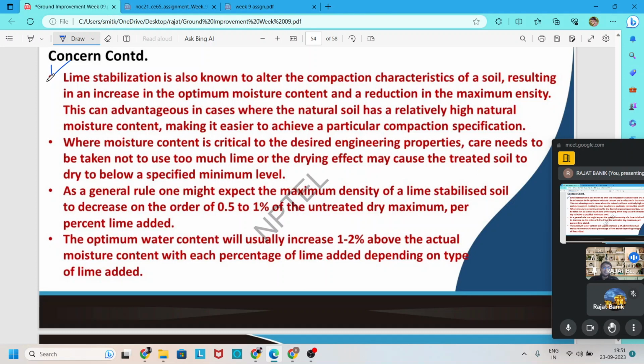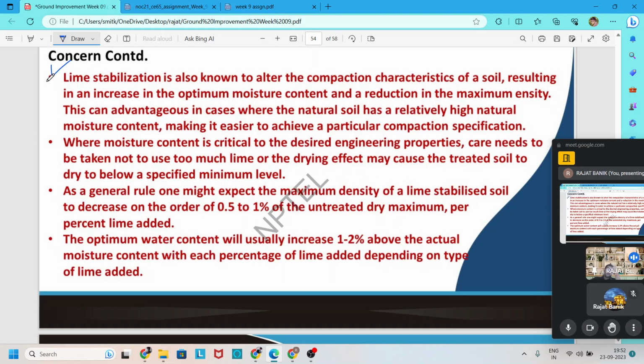And for that, the amount of lime should be minimum.